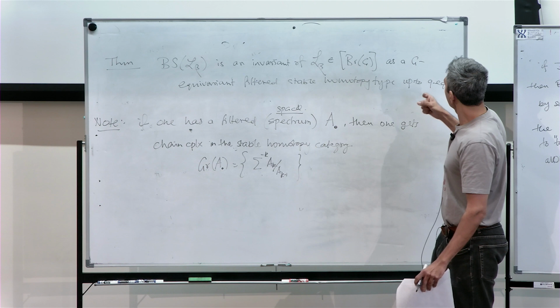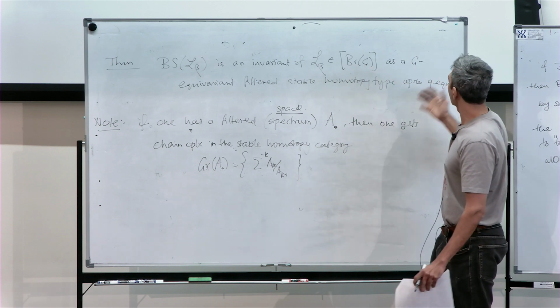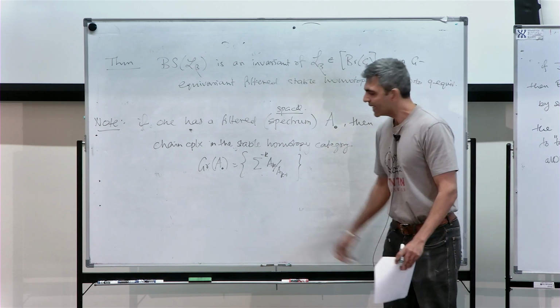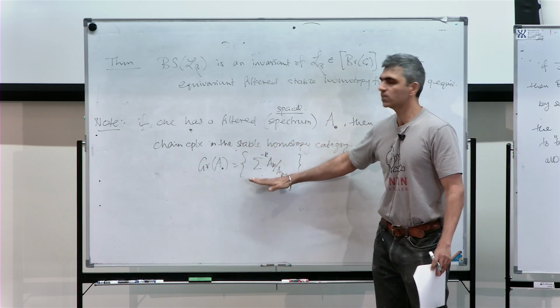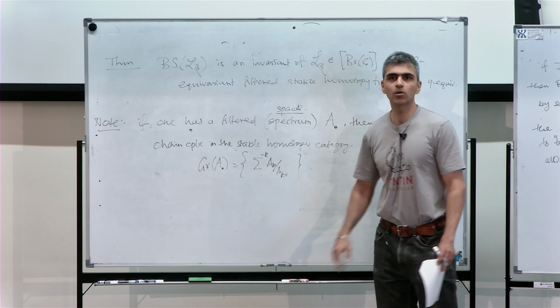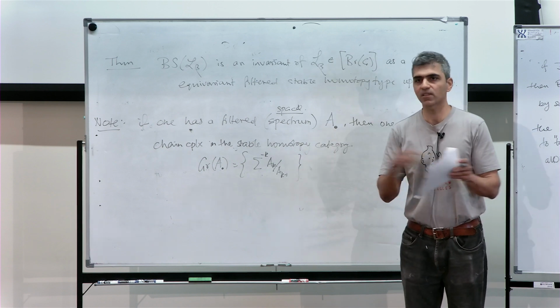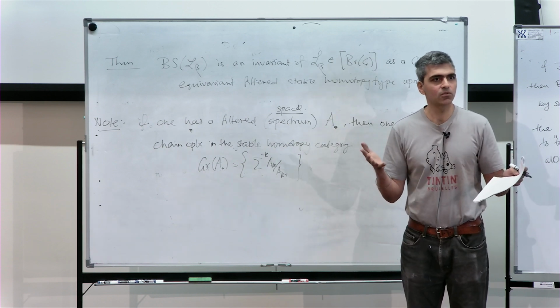So when I say this is a link invariant up to quasi-equivalence, I mean I kill all filtered spectra for which this is null homotopic. A chain complex is null homotopic if you have a map back so that the composite is an equivalence, just what you would do in usual chain complexes.